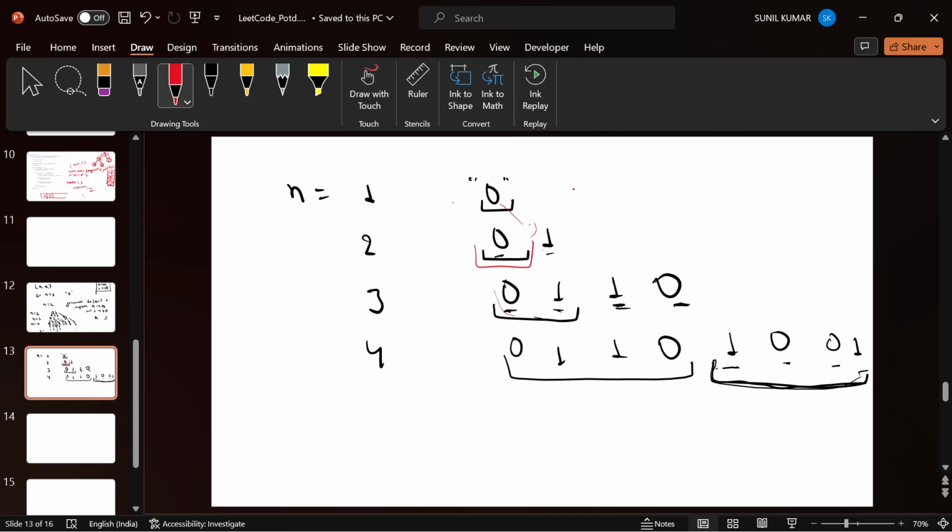For n equals 3 the first half is the copy, and the next part is the negation of n minus 1. Okay, so what we can observe from this is this.